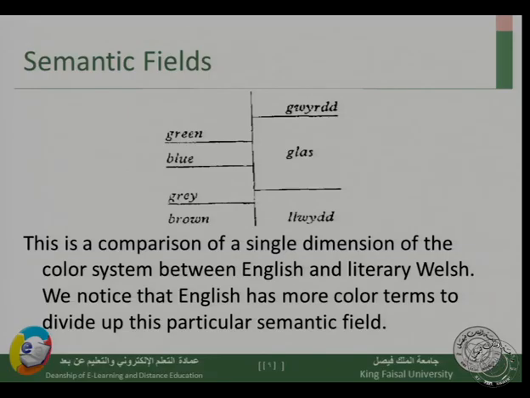So four words for color, and Welsh has gwyrdd, glas, and rhudd. So we notice that English divides up the semantic field of colors differently than Welsh. Here we are just comparing a single dimension of the color system, and we notice that in English there are more color terms that divide up this particular semantic field.